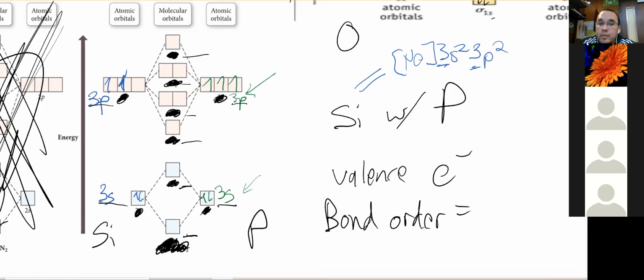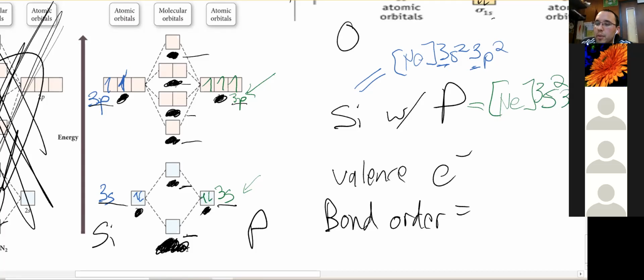Why? Why 3 on the 3p? All right, so the electron configuration for phosphorus, what is its electron configuration? 3s2 3p2. Is it 3p2 for phosphorus? No. So what is its electron configuration? 3p5. So it would be neon, it would be 3s2.